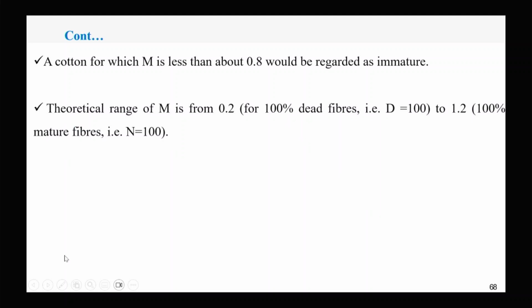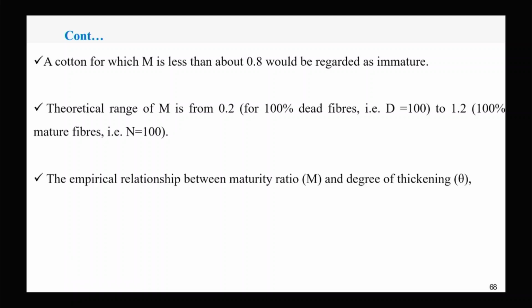So it is 0.2 to 1.2. And the empirical relationship which has been observed is theta equals 0.577 times maturity ratio.